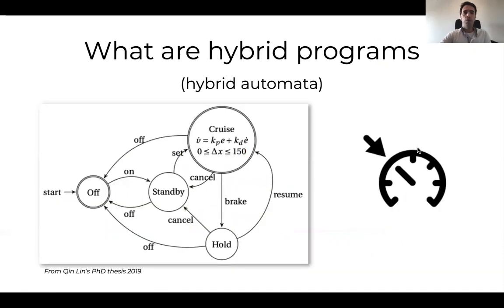So if you go to the literature, you'll see that hybrid programs often are not really specified by a program using this programming language kind of notation. What you'll see quite often is this notion of hybrid automata.